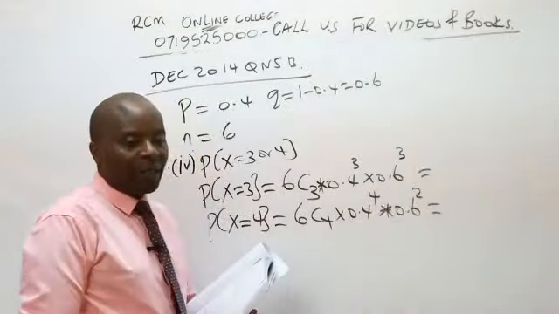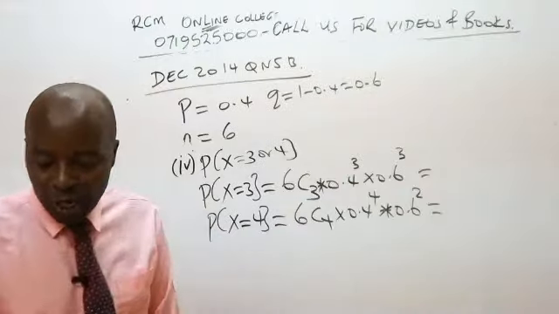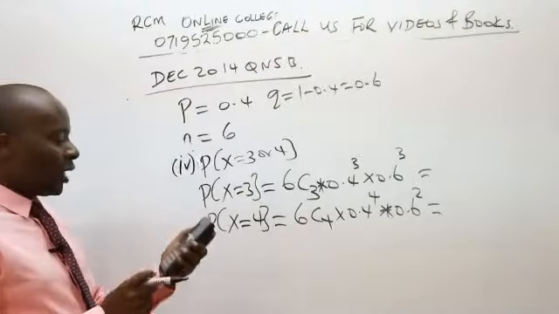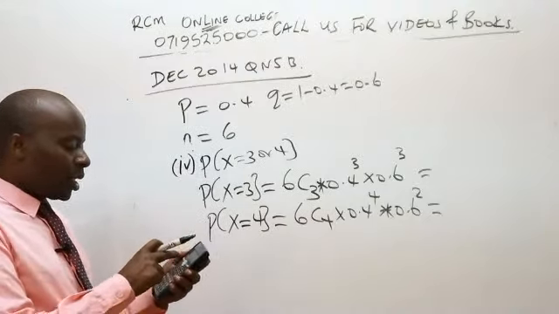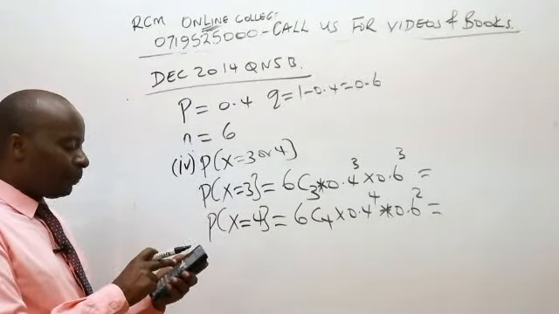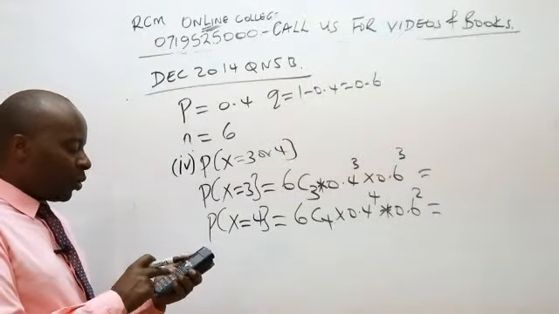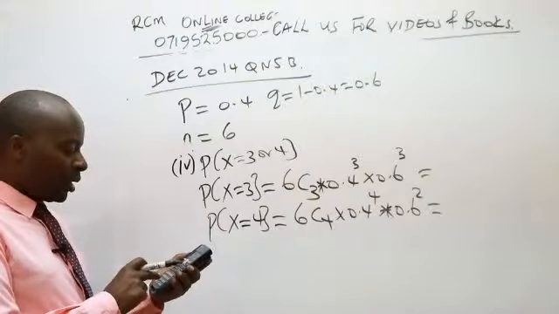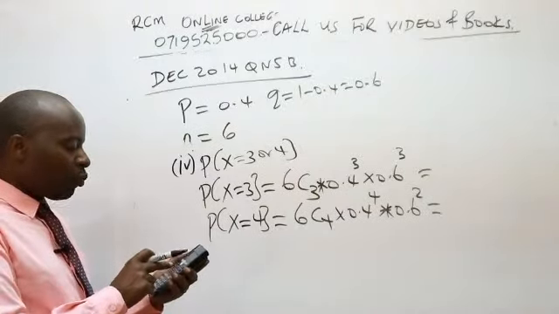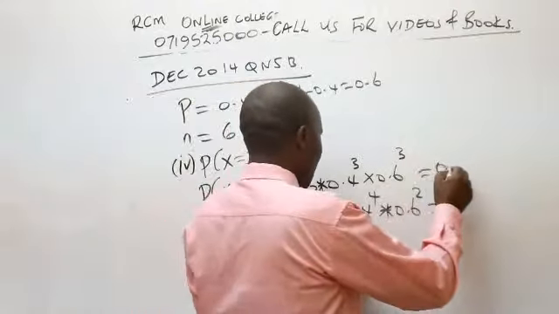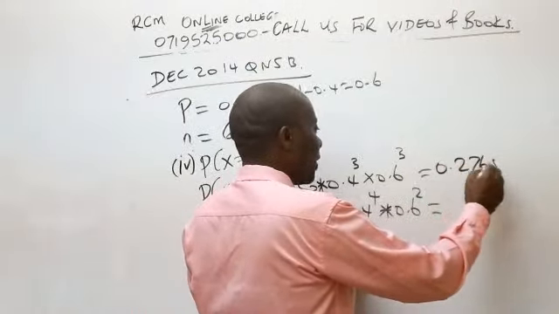So what you'll need to do right away is to have your calculator and evaluate this. So this will be 6 combinations 3, the first one, times 0.4 raised to power 3 times 0.6 raised to power 3 again, which gives me 0.2765.